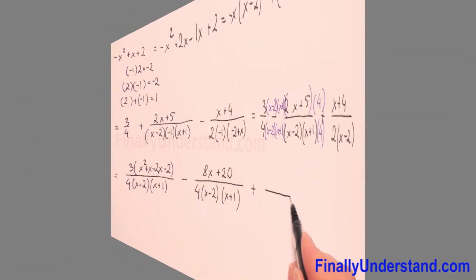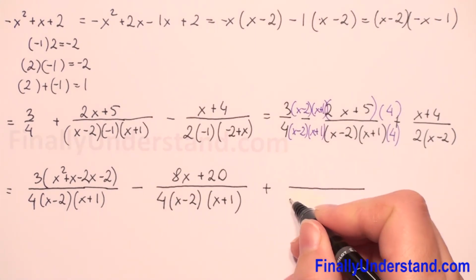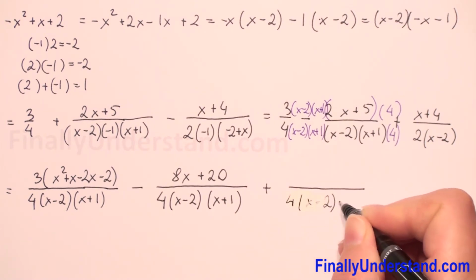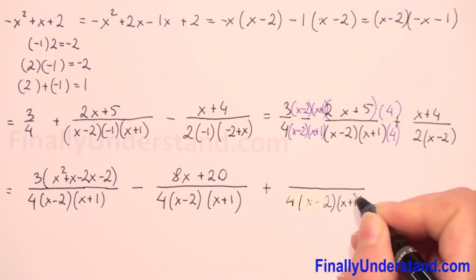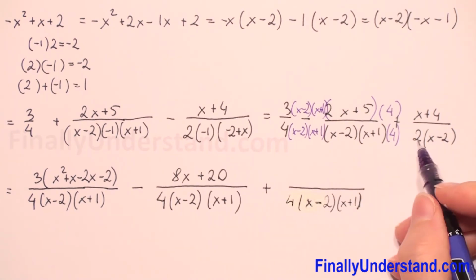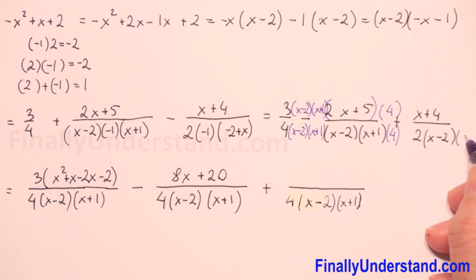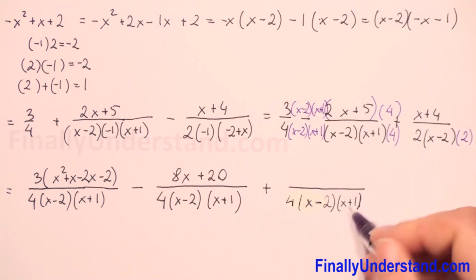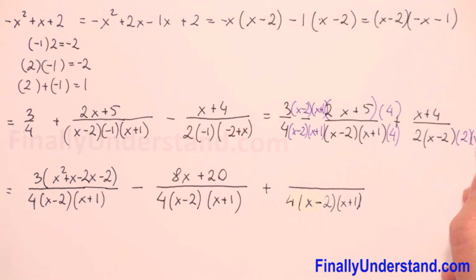And the last denominator we have to have the same, so we need 4 times x minus 2 times x plus 1. And now we have only 2 here, so we need to multiply this 2 times 2 to get 4. We have x minus 2, but we don't have x plus 1, so we need to multiply by x plus 1.